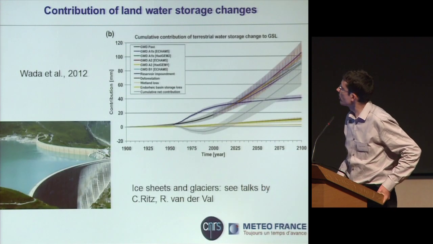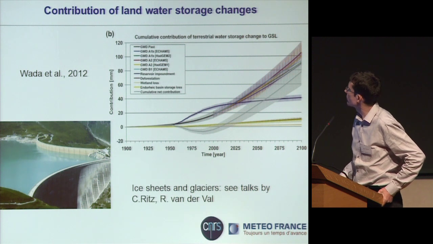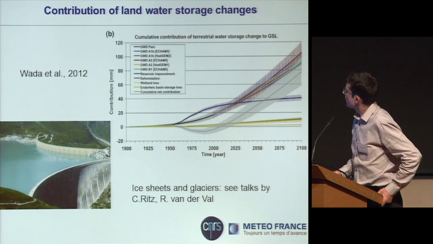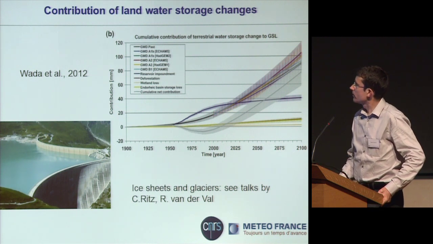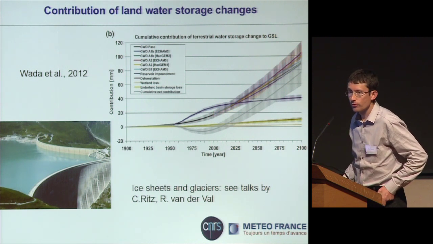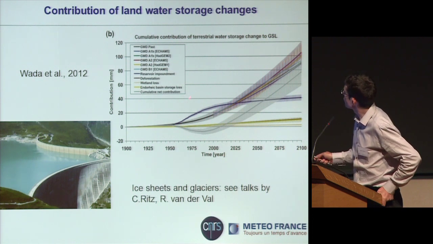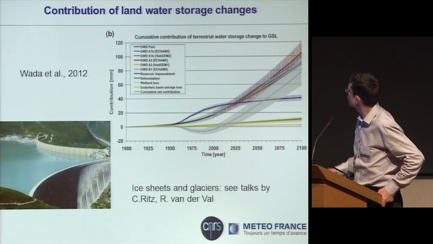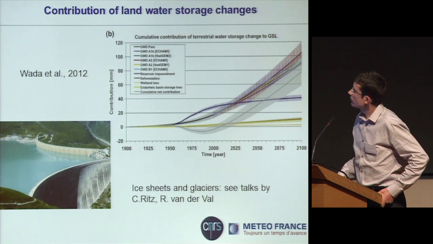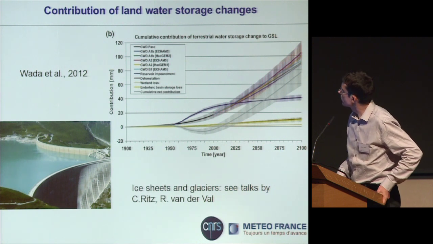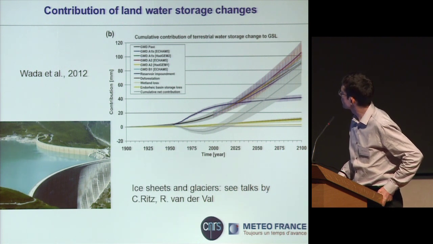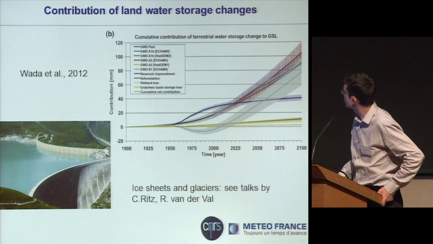Now a few words about land-water changes. This is one study, but there are other ones which have different results. This study shows that in 2100, the signal due to land-water storage changes could be as big as nearly 8 centimeters compared to late 20th century conditions.